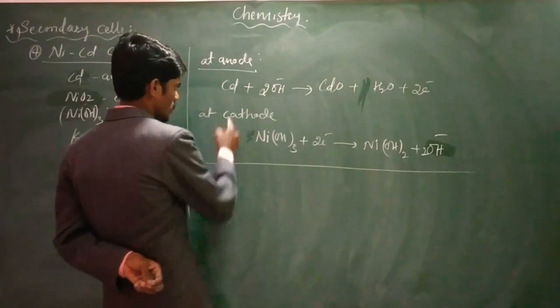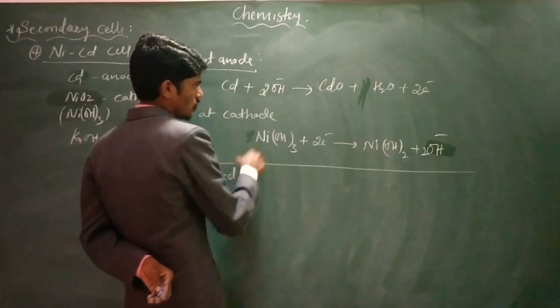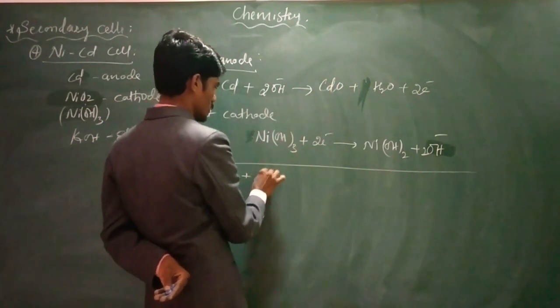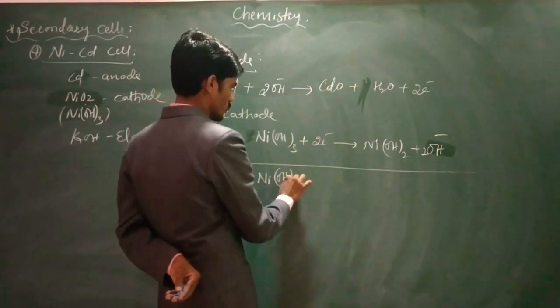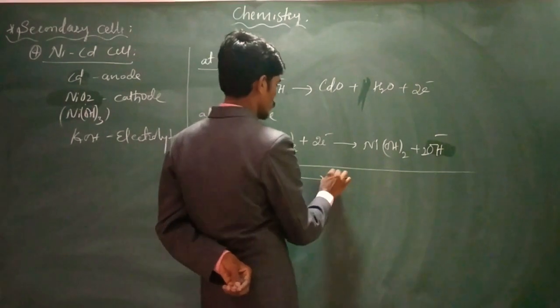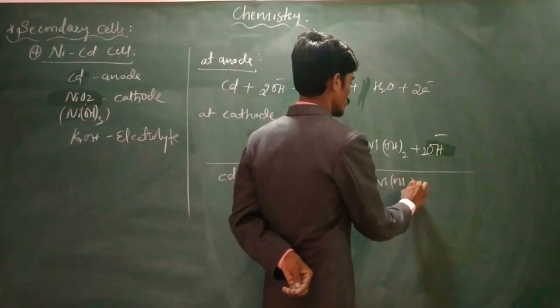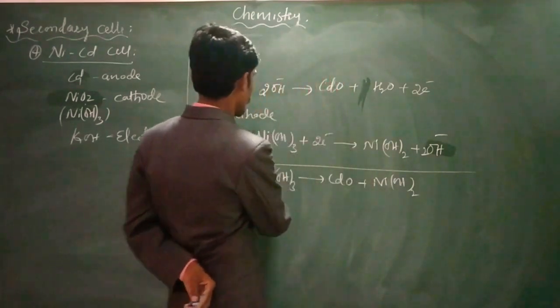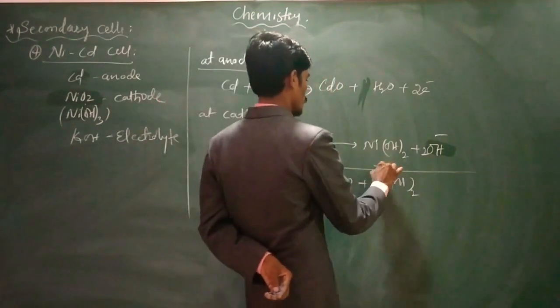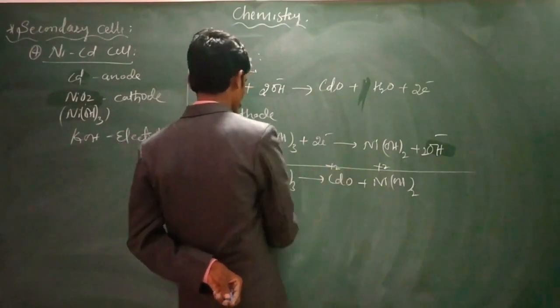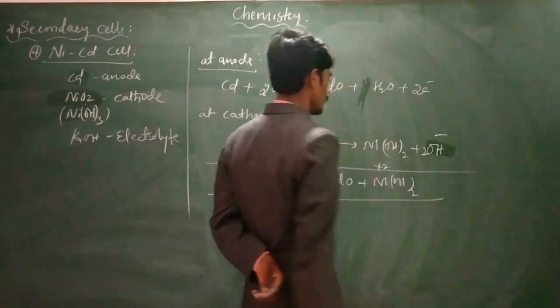Now what is the overall reaction in this case? The overall reaction is cadmium plus 2OH minus, 2 electrons get cancelled, plus Ni(OH)3, this gives rise to cadmium oxide plus Ni(OH)2. Oxidation state +4 changes to +2, it reduces; oxidation state 0 to +2, it oxidizes.